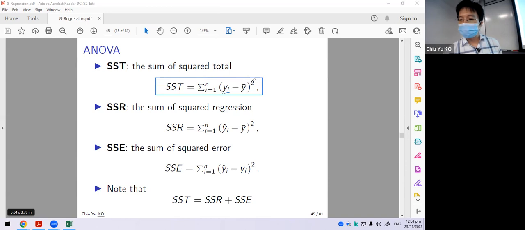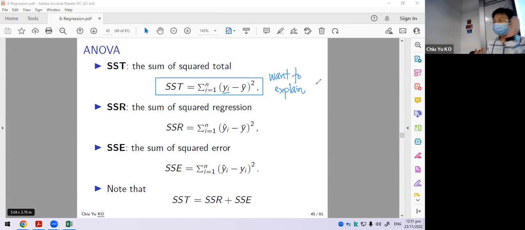The reason is, if we have no idea of X, or we don't have the model itself, there's no X. If you pick up a particular guy from the population, what would be the expectation for that guy? It is the sample mean or population mean of Y, right? Y bar will be your guess.